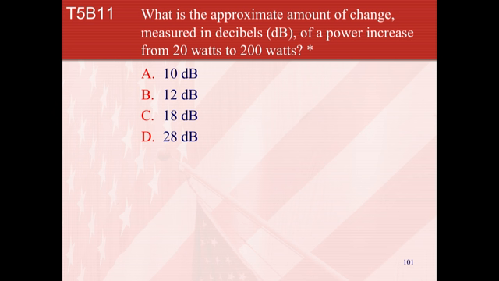What is the approximate amount of change measured in decibels, dB, of a power increase from 20 watts to 200 watts? That would be 10 dBs. 20 times 10, 200, I guess.